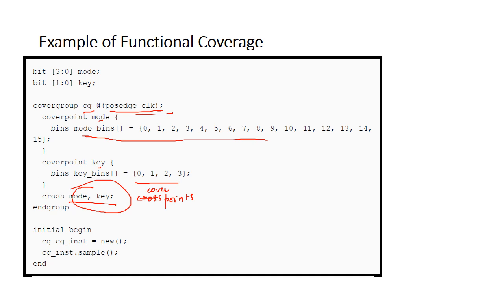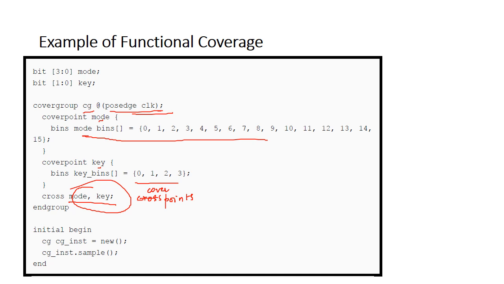In this example you can see different keywords used. One is called cover point mode, another is called cover point key. So, what are this mode and key? Mode and key are the variables for which the coverage is to be measured.